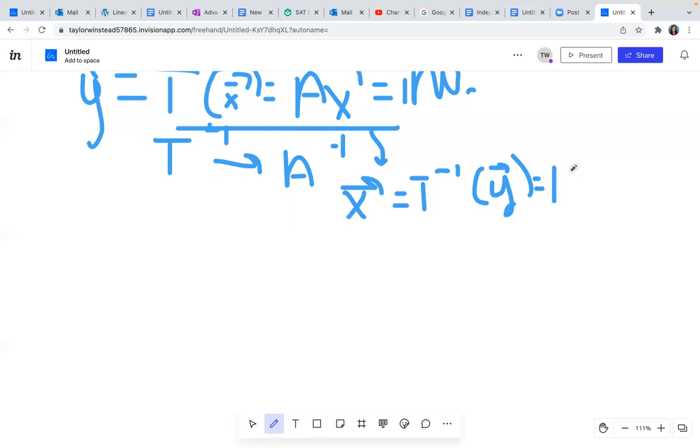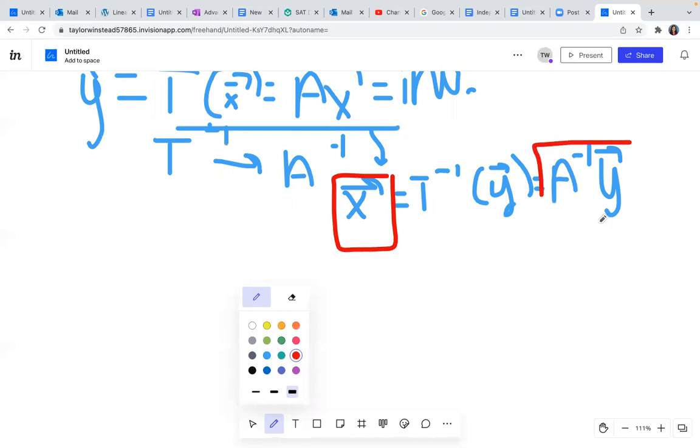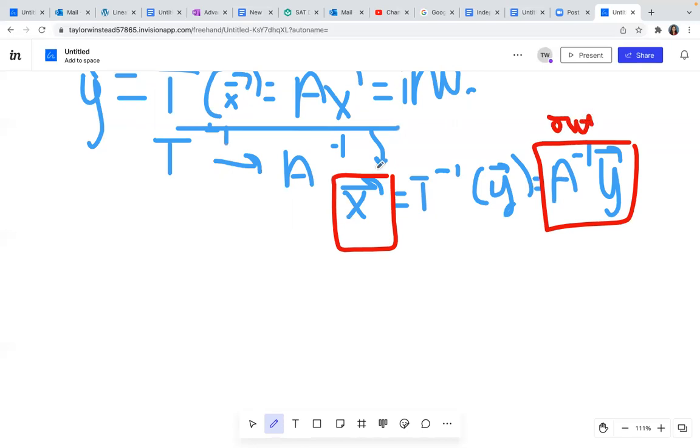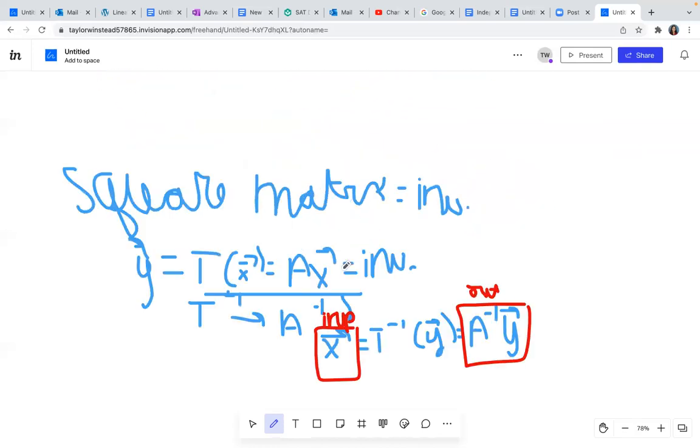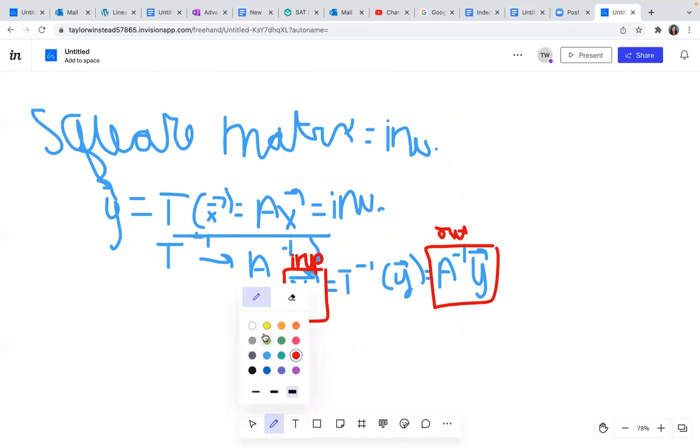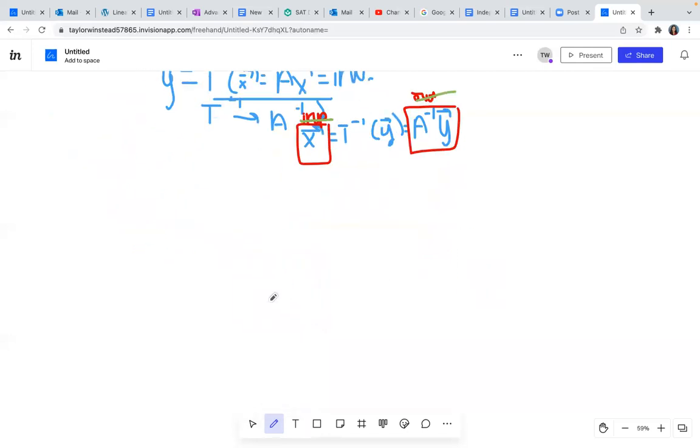So inverse A times vector y equals vector x is the inverse, right? This is the output, and that's the input. Oh, sorry, that should be reversed. This should be the output, and this should be the input. So that's our definition.